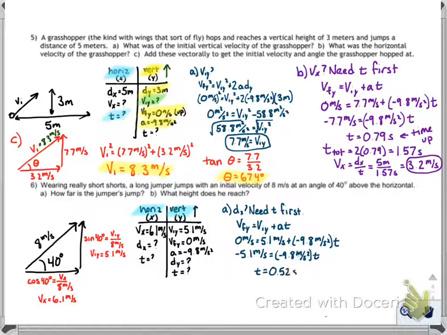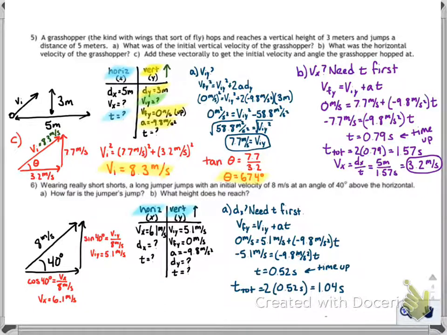So for time, I get 0.52 seconds, but remember that's the time that it takes to go up to the peak. To get my total time, I need to double that. So my total time then is 1.04 seconds. That's the time I'm going to use for the horizontal distance.